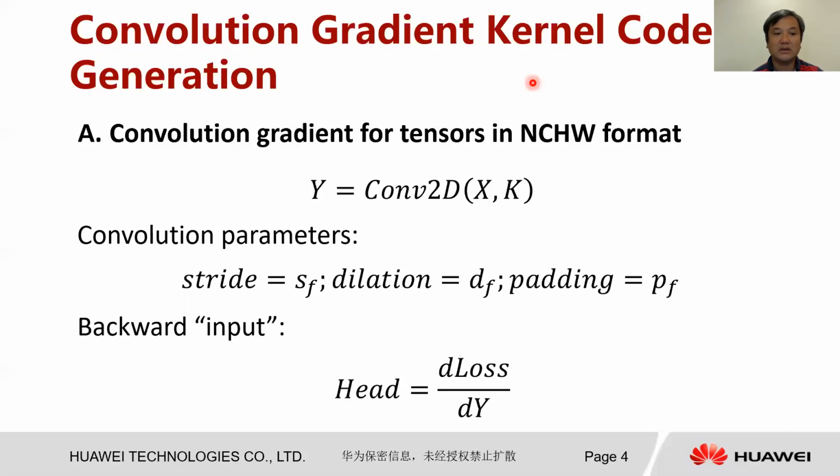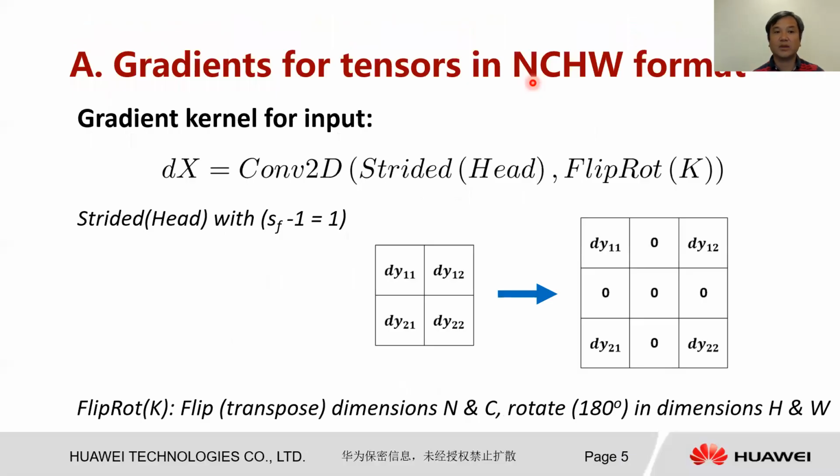In the backward kernel, we will receive the so-called y hat, which is the gradient of the loss value with regard to the forward y, and we need to calculate the gradient with regard to the input x and to the kernel k. The formula for the gradient of the input x is shown on the slide.